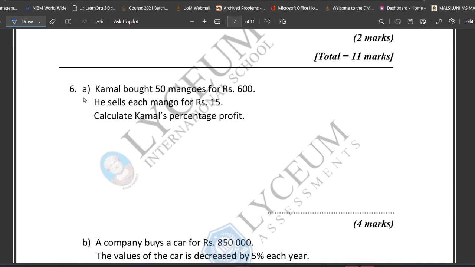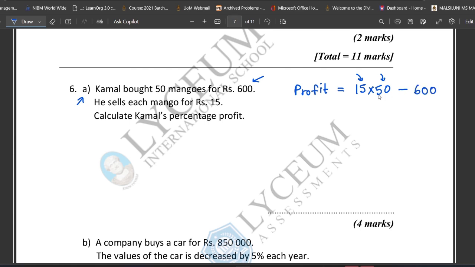Okay. And in the 6th question A part, Kamal bought 50 mangoes for 600. He sells each mango for 50. Calculate Kamal's percentage profit. So what is the profit? Profit is 15 times 50. 15 is the price of one mango. 50 mangoes are there. And he bought it for 600.